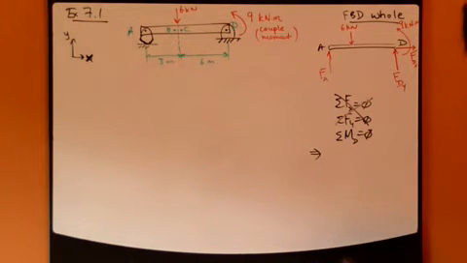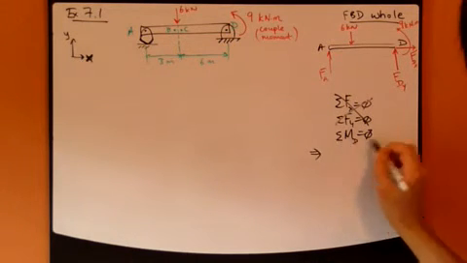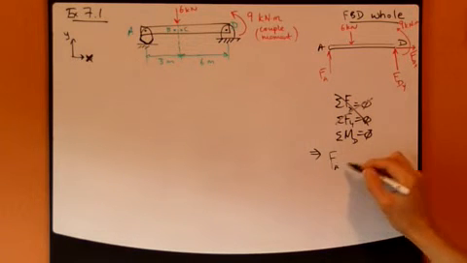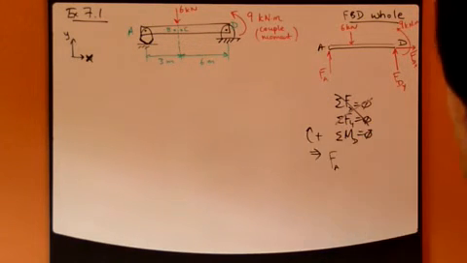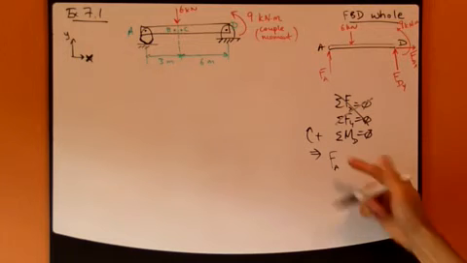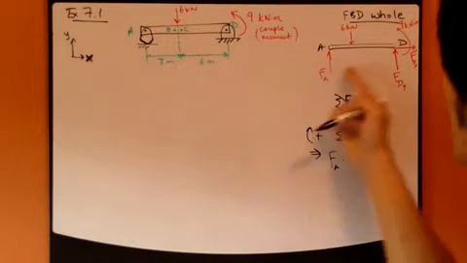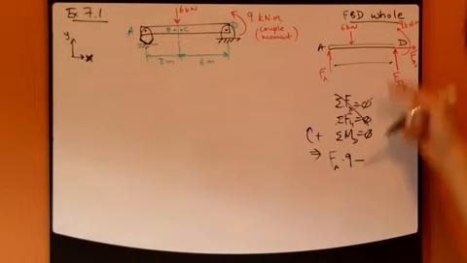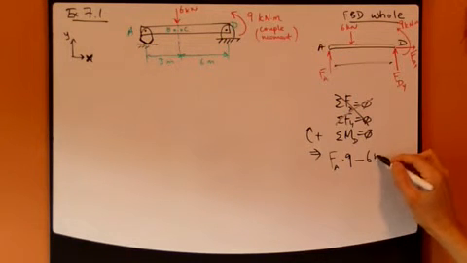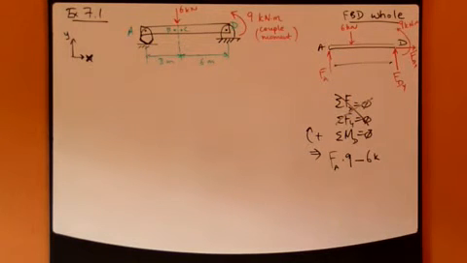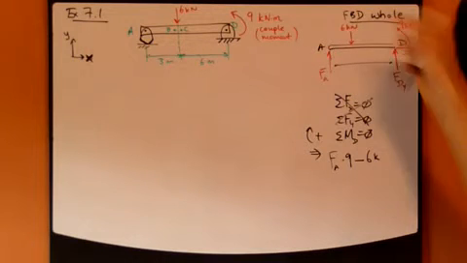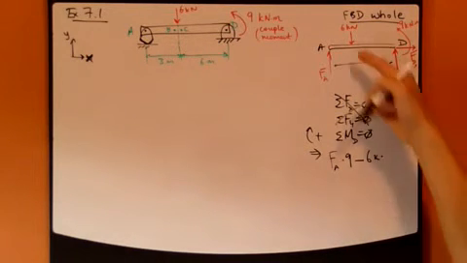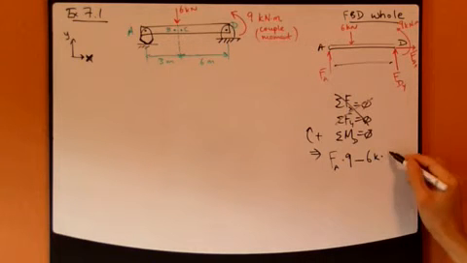So, sum of moment about point D equals 0, so I have FA, where clockwise direction is positive. So FA times the moment arm, which is this distance right here, which is 9 meters, minus 6,000 Newton, coming down, counterclockwise direction, that's why it's negative, times the distance, 6 meters, moment arm.